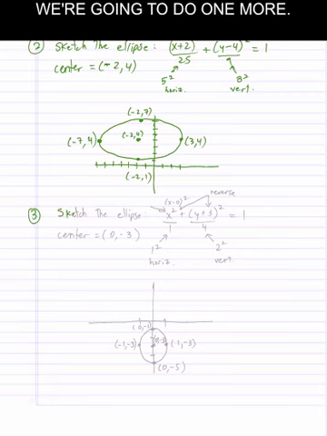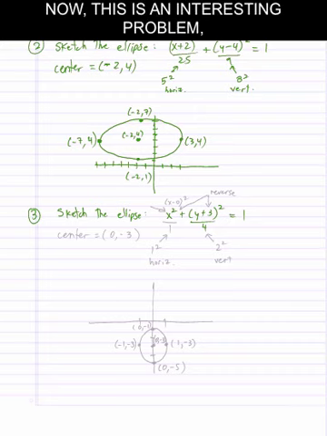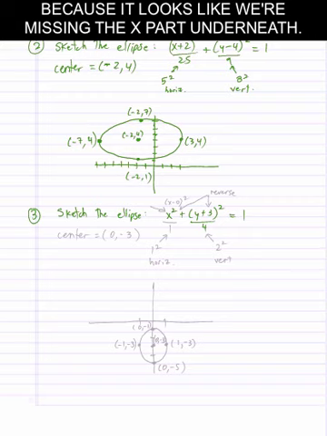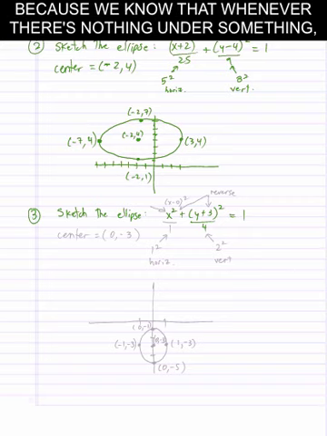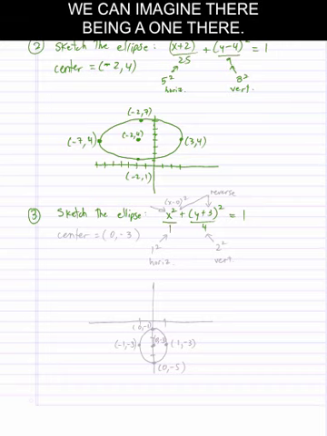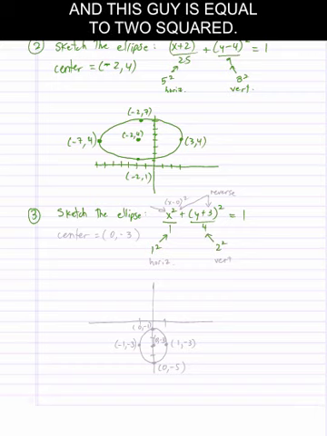We're going to do one more. Now this is an interesting problem because it looks like we're missing the x part underneath. We're actually not missing it though, because whenever there's nothing under something, we can imagine there being a 1 there. So in fact this guy is equal to 1 squared and this guy is equal to 2 squared.